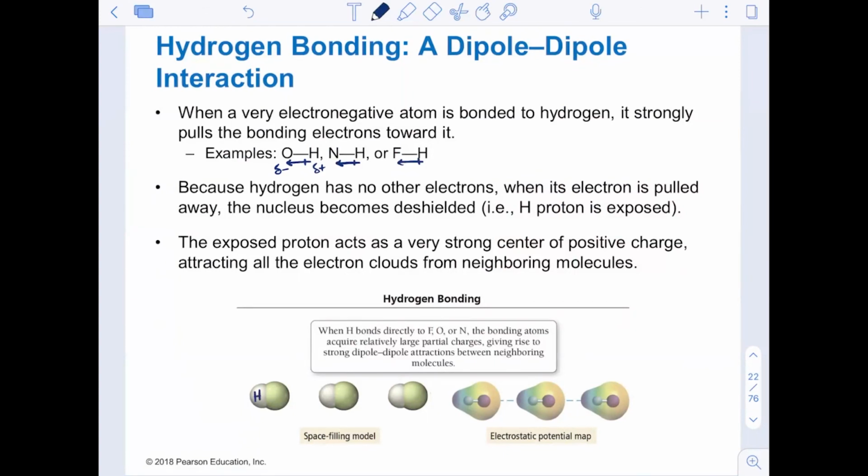So when we think about HF here, we do have a delta plus and a delta minus, and the molecules together in a solution will line up to have the attraction between one delta minus and the other delta plus. And that's an interesting factor with this ability to line up and organize a bunch of molecules together. We can still see the electrostatic potential maps there. The red or orangey side is the delta minus attracting to the purpley blue side, which is the delta plus.